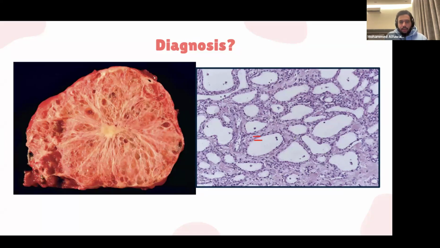Cuboidal, good. Okay, where in the pancreas does it develop? Tail. Sorry, body, okay? In the body of the pancreas, okay? What tumor suppressor gene is associated with serous? Good, VHL. Remember that, okay?